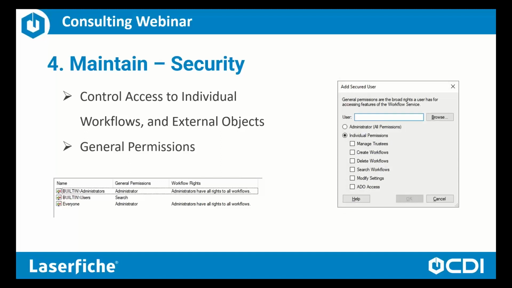So we could say this individual user has permissions to create workflows and search workflows, but that's it. We're not going to allow them to delete. We're not going to allow modifying settings. That's a big one to restrict for your day-to-day power users rather than your system administrators.